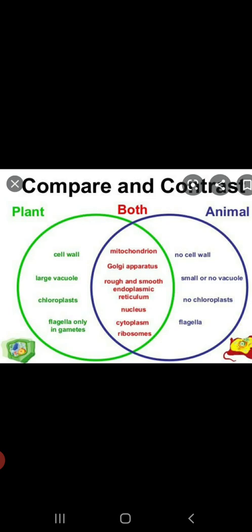Now, chloroplast is a cell organelle, we all know, that consists of chlorophyll and helps in the process of photosynthesis, right? However, animals don't perform photosynthesis, so they don't have this cell organelle called chloroplast present in them, right?